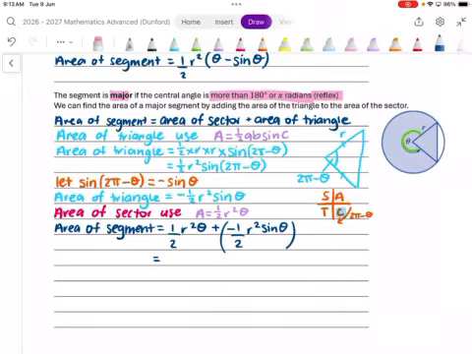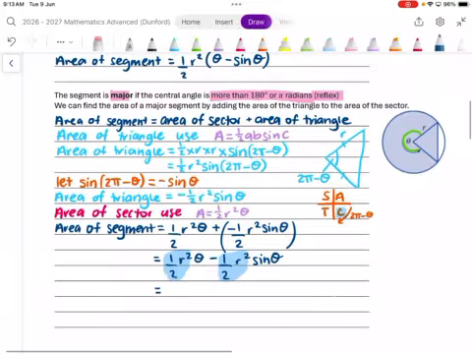That means that we'll have a half r squared theta minus a half r squared sine theta. Again, we have that common factor of a half r squared, so we can factorise that out. So we'll have a half r squared, lots of theta minus sine theta.